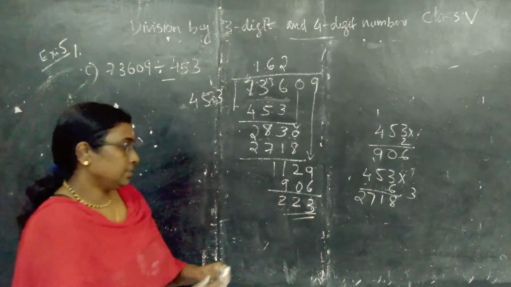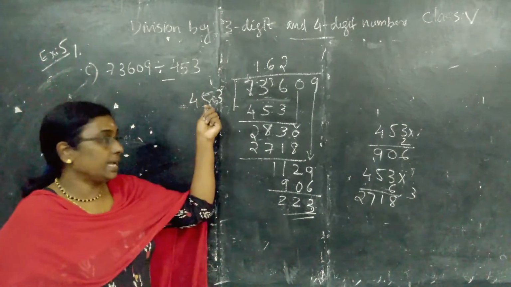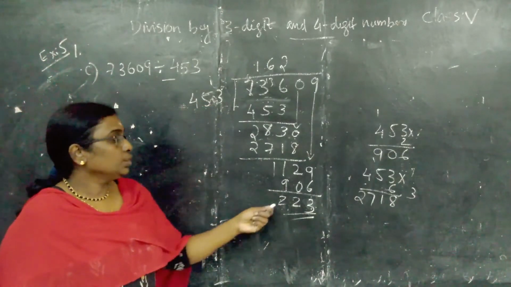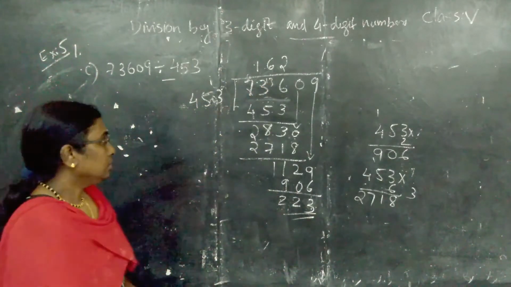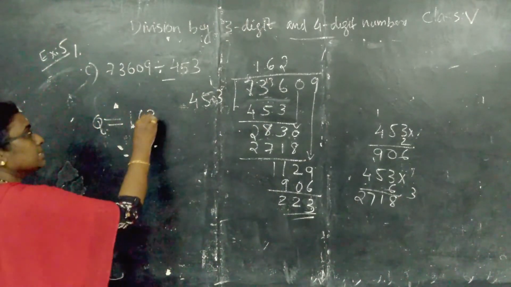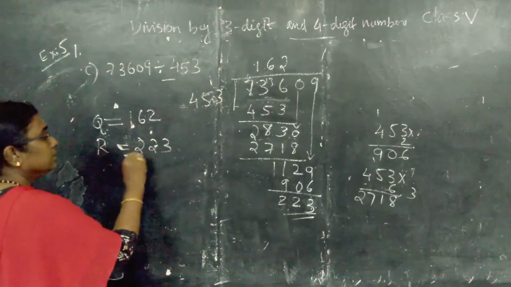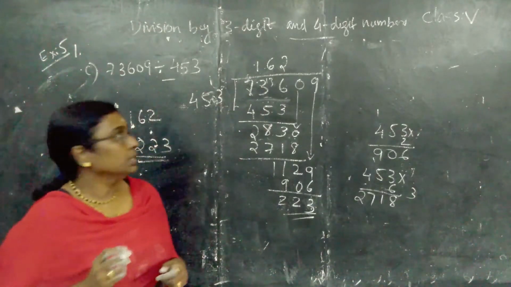This is the remainder. Here it becomes 223, which is less than the divisor. So we stop here. So we get the quotient as 162 and the remainder as 223.